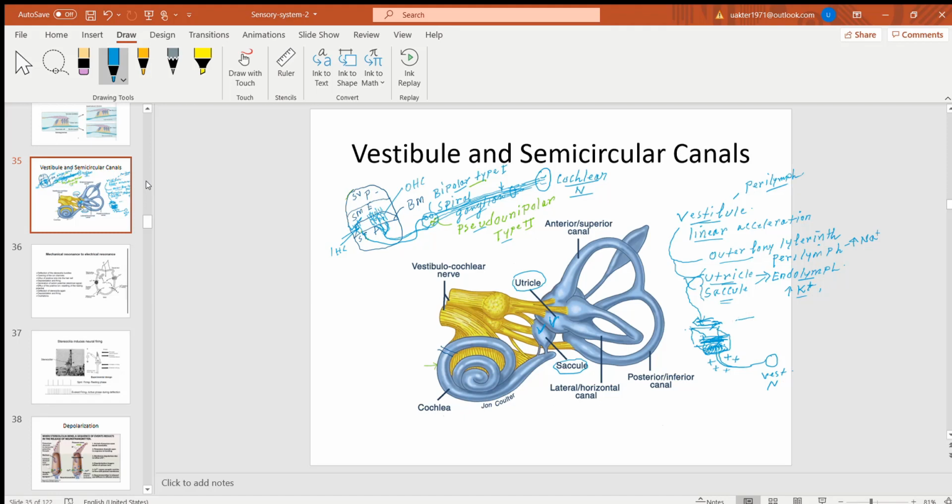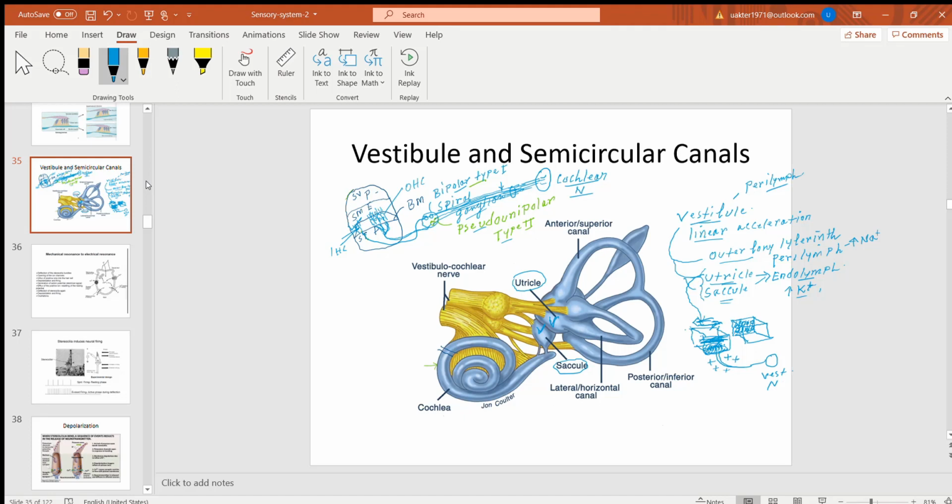Now if you see inside the saccule, the location of the hair cells or sensors or receptors, whatever you say, is not in the floor but here, the posterior surface, and they are facing forward. So you have the receptors, hair cells here, and they are facing forward.